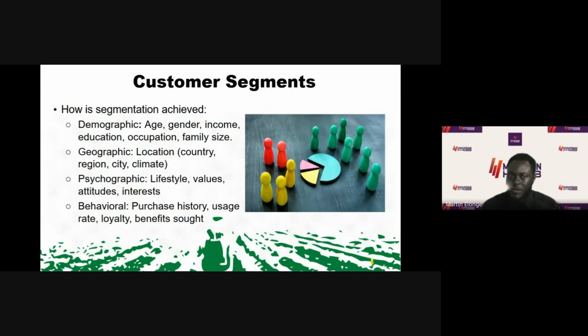Geographic segmentation. Where is the customer base located? We're in Cameroon. Geographically, we have 10 broad regions, right, with different characteristics. But at that level, they are subdivided in unifying characteristics that makes 10 different regions.